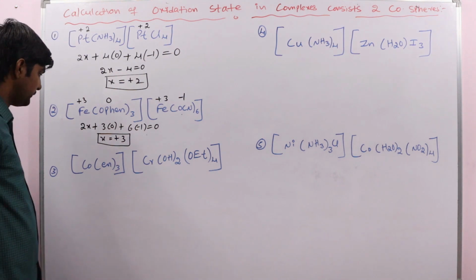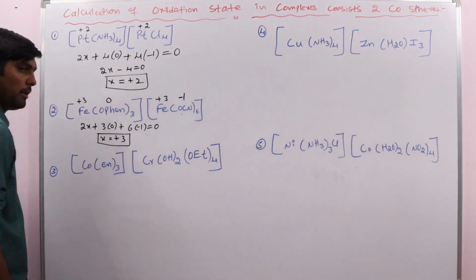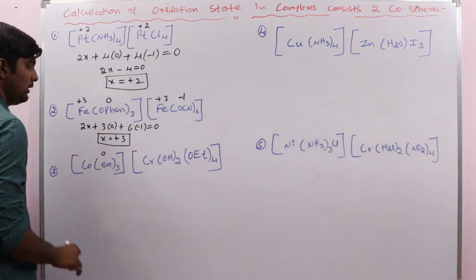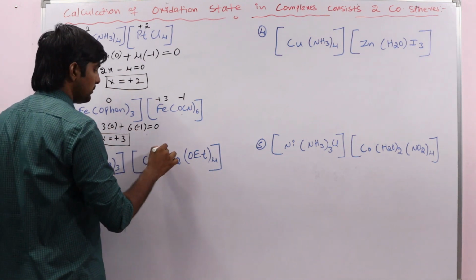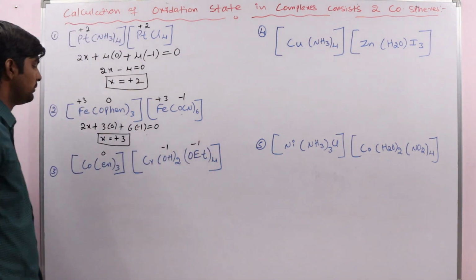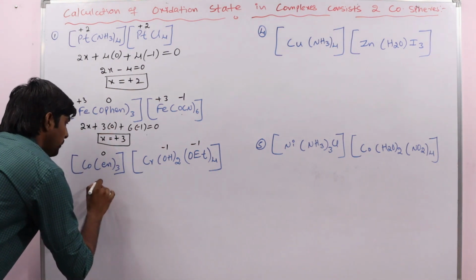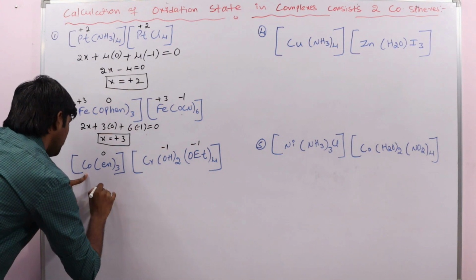Next, see here in this complex ethylenediamine is also a neutral ligand, and OH is a monodentate negative ligand, carrying -1 charge, and this one, ethoxo, also carries -1 charge. So here how many cobalt? Sorry, one is cobalt, one is chromium.